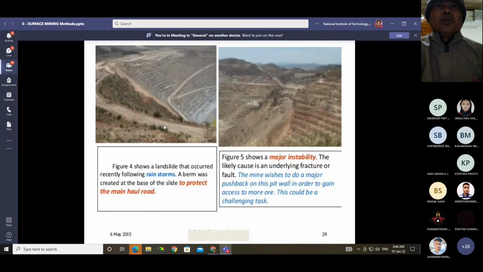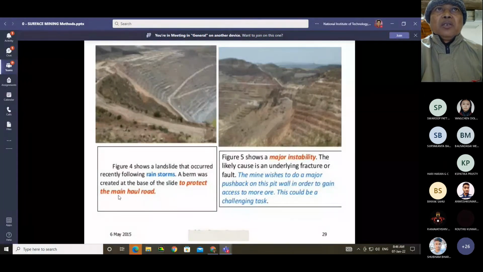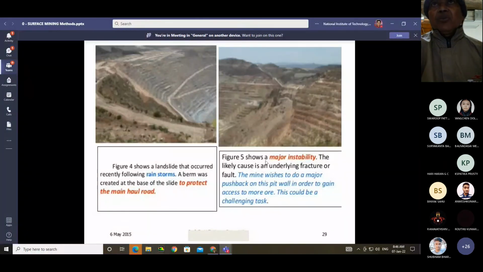Here, figure number 4 shows a landslide that occurred recently following rainstorms. A berm was created at the base of the slide to protect the main haul road. Figure number 5 shows a major instability.